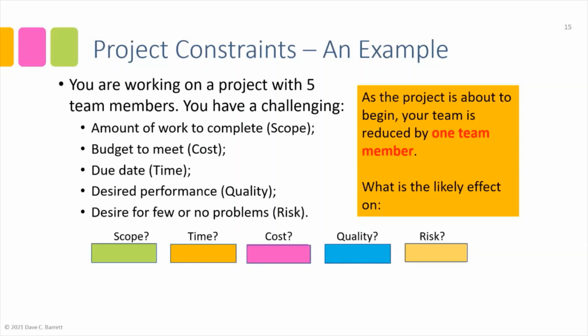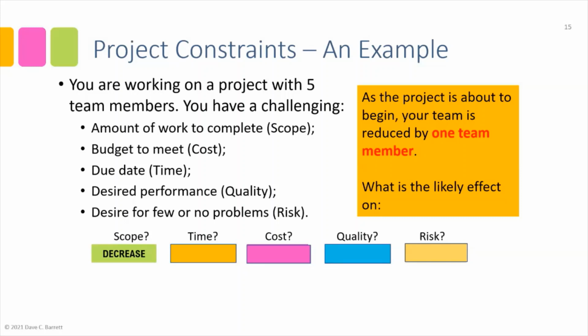All things being equal, working as hard as we can. Okay, and the answer to that is there would be a tendency, not for sure. This isn't some kind of definite, absolute outcome, but there would be a decreasing effect on your scope.